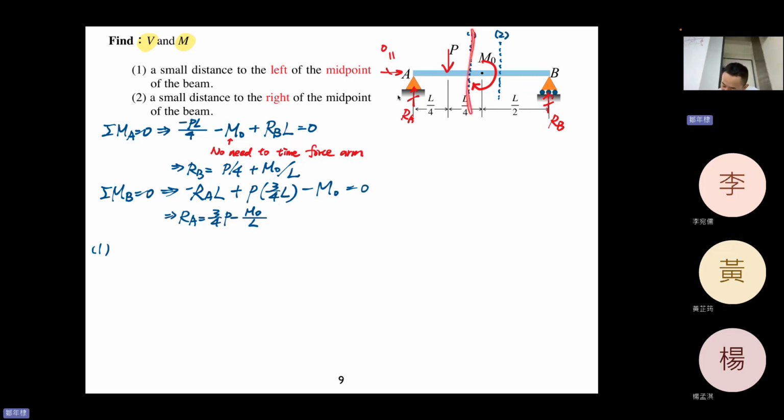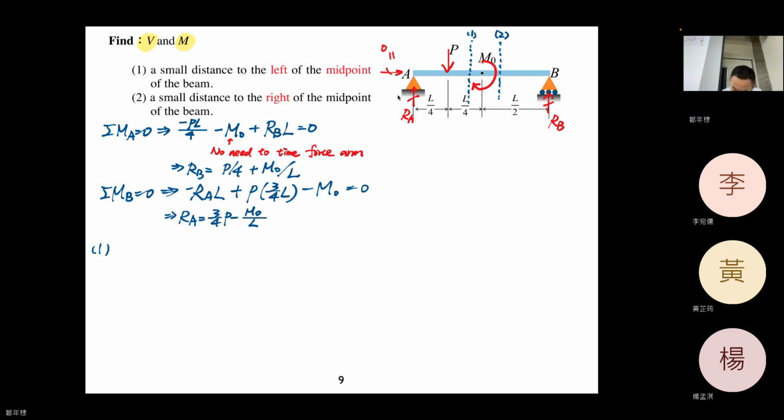So we now cut here, and we will leave the left-hand side. In this chapter 4, we cannot leave the right-hand side now because we are going to give a correct sign convention. That's a little bit different from previous.